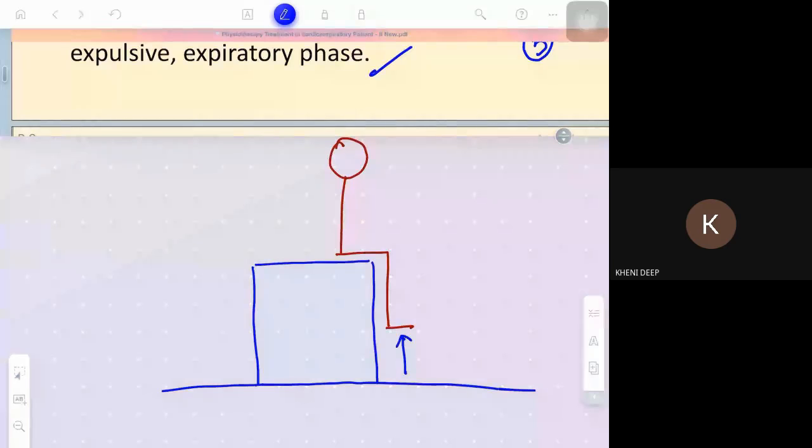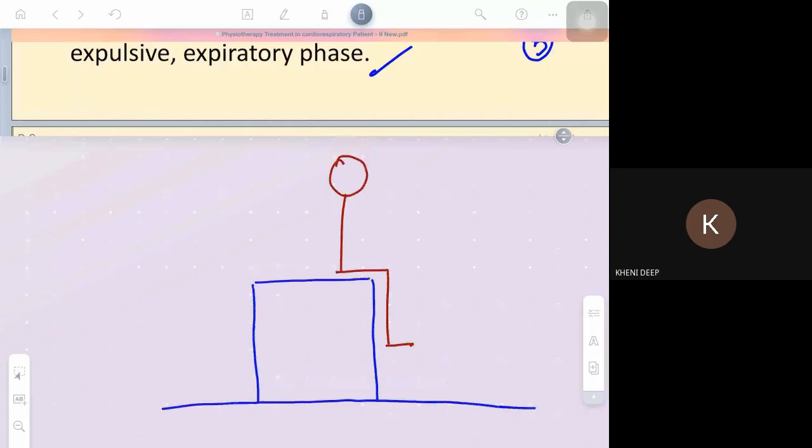Yes, the patient's position is high sitting. So here the foot is not planted on the ground. Clear?